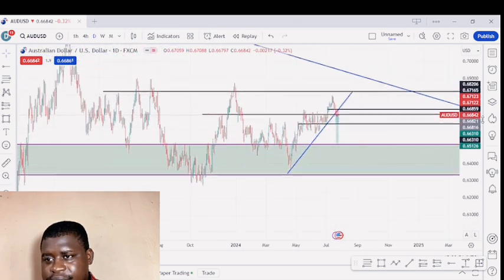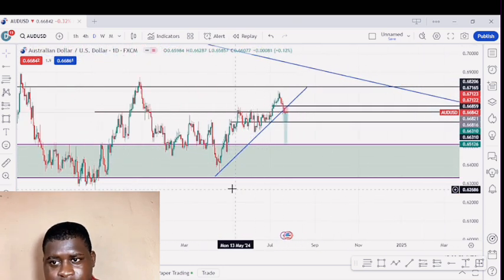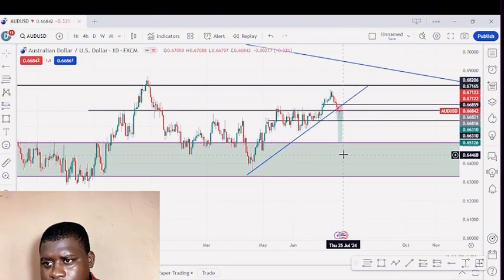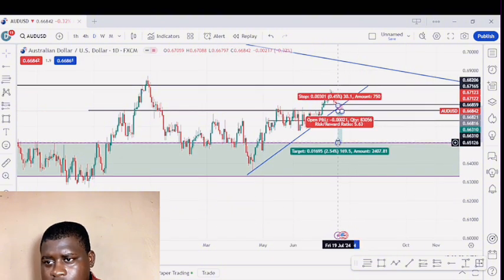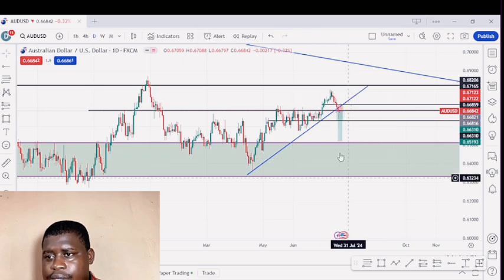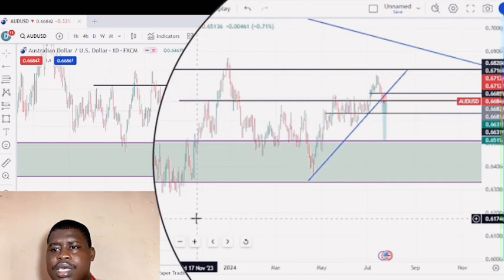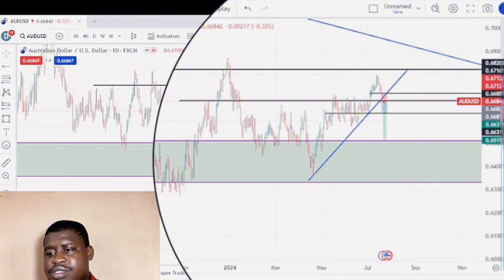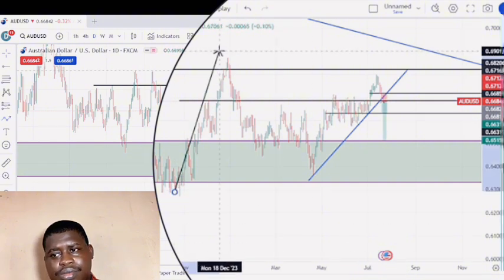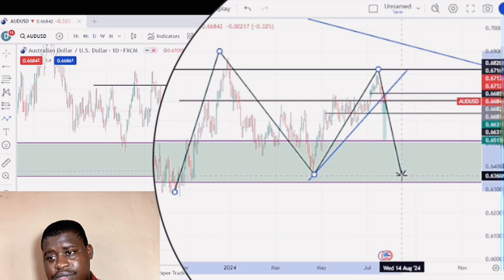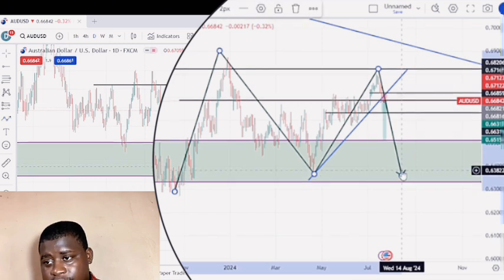For this double top to complete its move, there's a high tendency that it comes down here to expect this level.